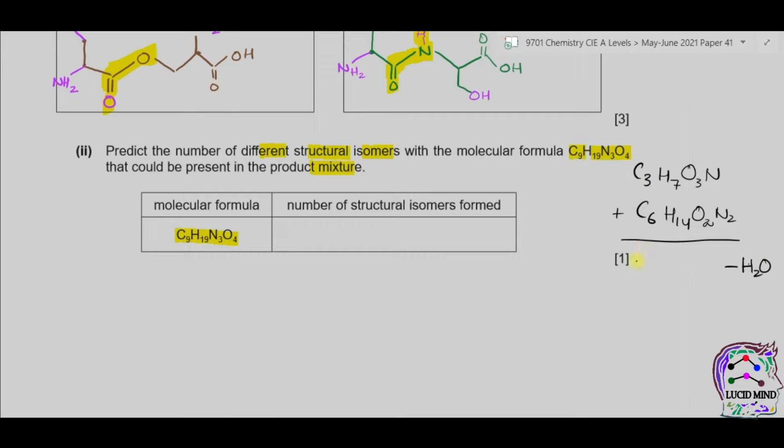Now we have 9 carbon atoms, 6 and 3 becomes 9, 14 and 7 is 21 minus 2 hydrogen, so it will be 19 hydrogens. Then we have 5 oxygen atoms, out of which one is lost in water, so we have 4 oxygen atoms and 3 nitrogen atoms present. So this is similar to this one. So it means that we can make isomers between these two, one is serine and one is lysine.